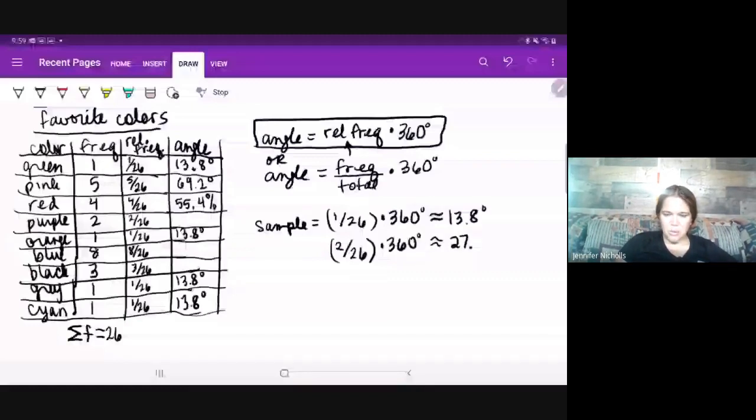Okay, so let's call that 27.7 then. Because then we should round up. In stats, they don't care quite as much. You have more choices of how to round. So is it 6.9? So I should put 7?